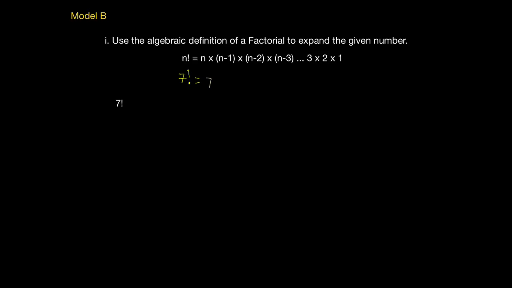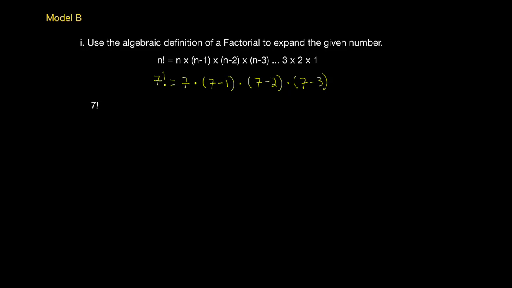So here I have 7 times, I'm going to be using the point instead of the cross for now. Then I have 7 times 7 minus 1 times 7 minus 2 times 7 minus 3. For this example, I'm actually going to be able to expand a little bit more.